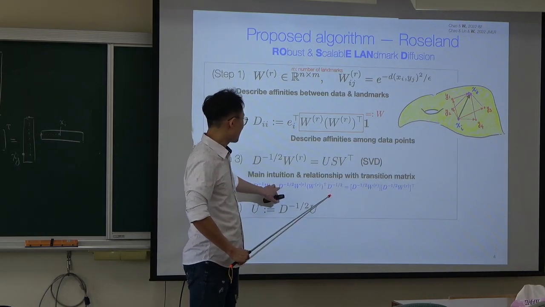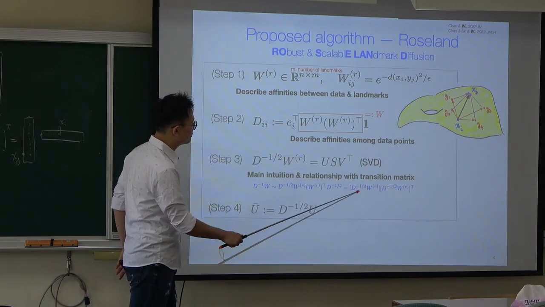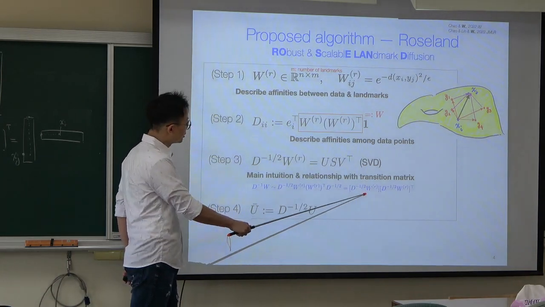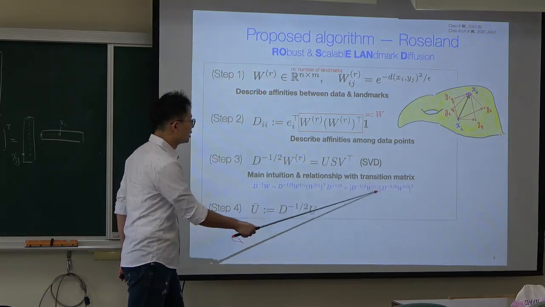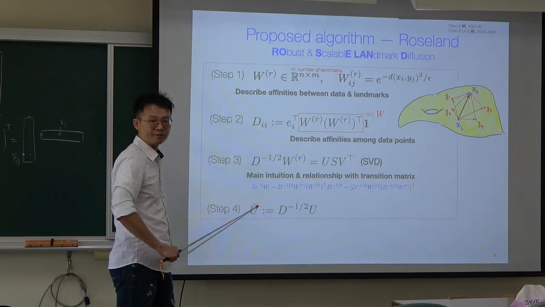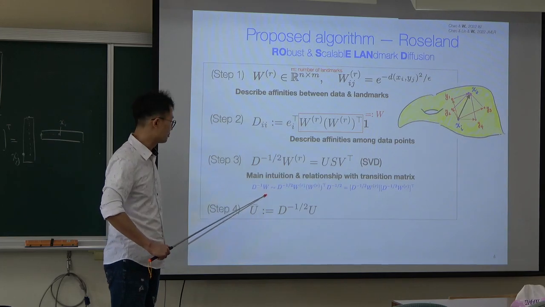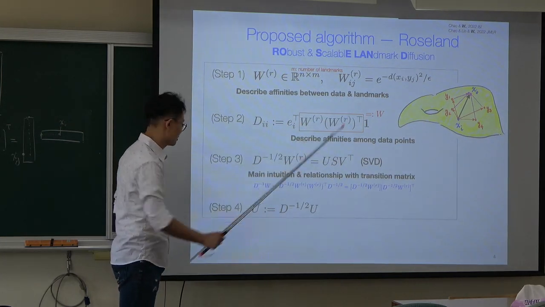Then once you get this guy, you see that it is nothing but the outer product of D minus half WR. Right? So you just need to calculate the SVD of D minus half WR so that you can get the eigendecomposition of D inverse W. So you somehow can recover the diffusion map using this Roseland, using these landmarks.